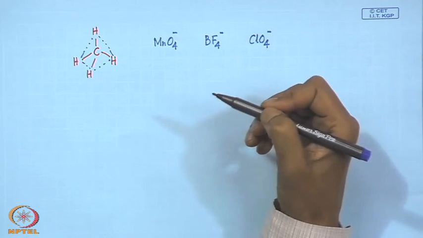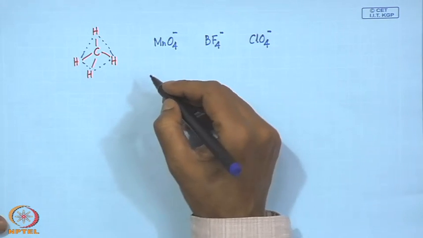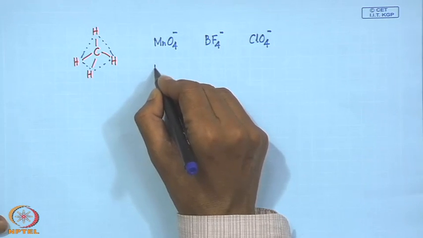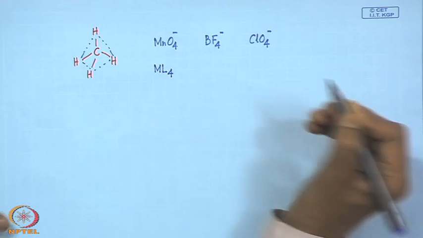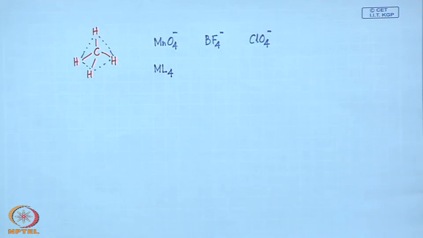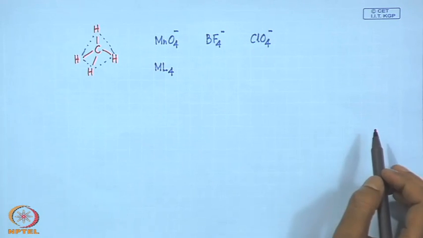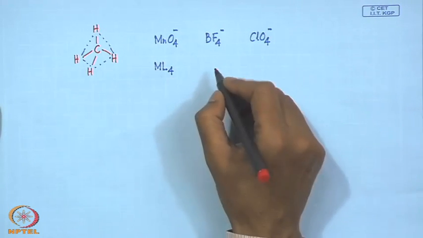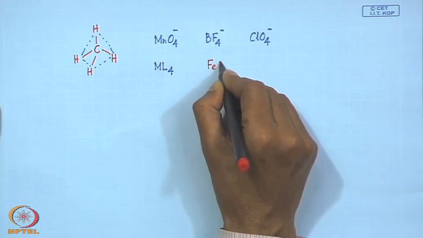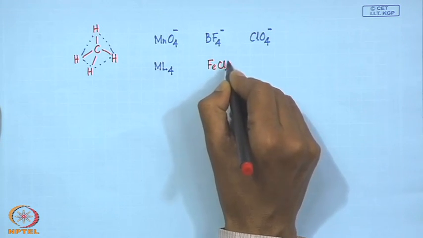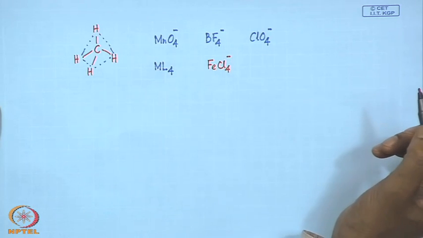But how quickly do we get a typical example of a coordination number of 4 where we have the metal center and 4 ligands? It is a difficult choice when you react a typical metal ion with 4 such ligands, such as if we want to make FeCl4 minus.